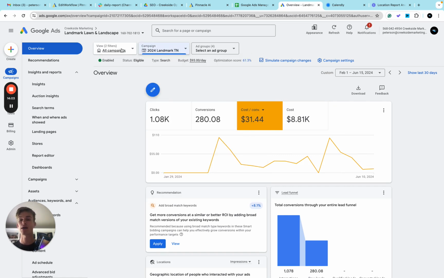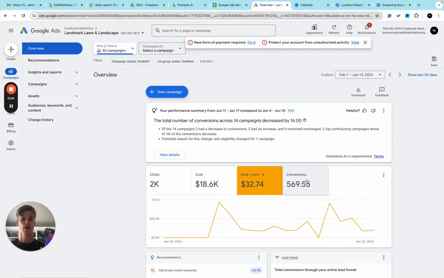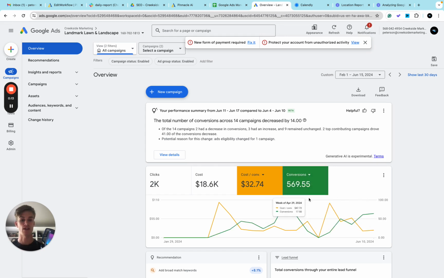And that's why we look at it by campaign, because if you look at it by account, as you can see here, this is why we do it by campaign, because if you look at the overall account, the cost per conversion has actually gone down and stayed down, and the conversions have actually been on an upward trend as well.